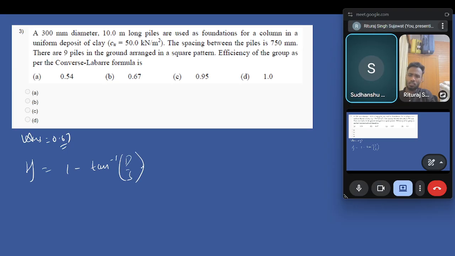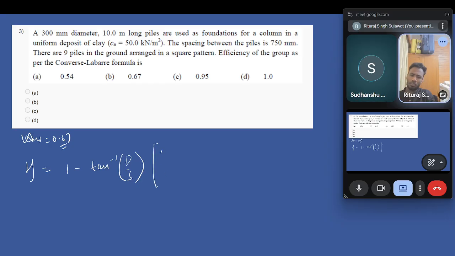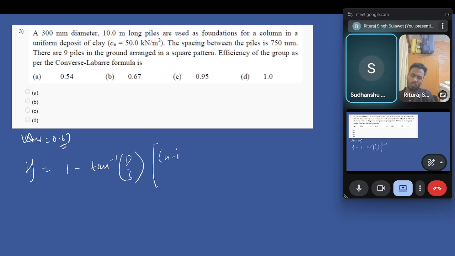Yes. It's 1 minus theta times (n minus 1) into m plus (m minus 1) into n, upon 90 into mn. Right.